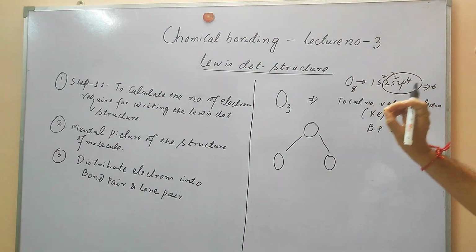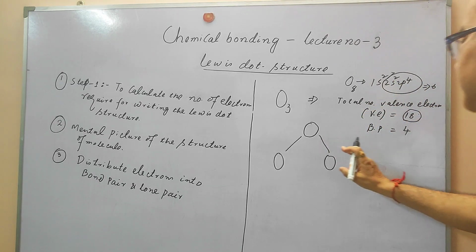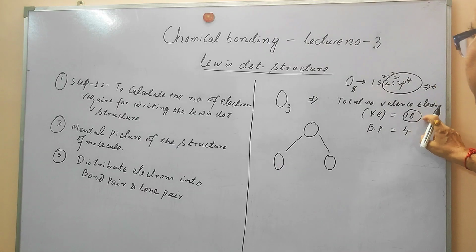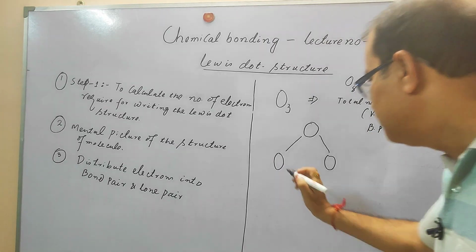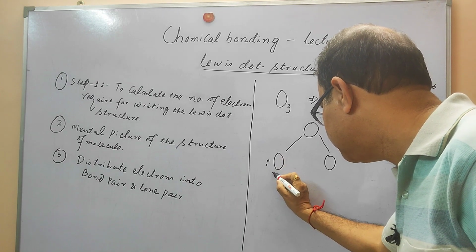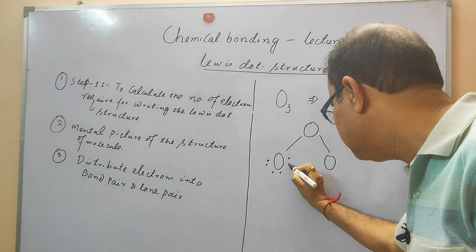Now we will fulfill the octets of all the oxygen atoms by utilizing the valence electrons. So let us do the octet of this oxygen, this and this.